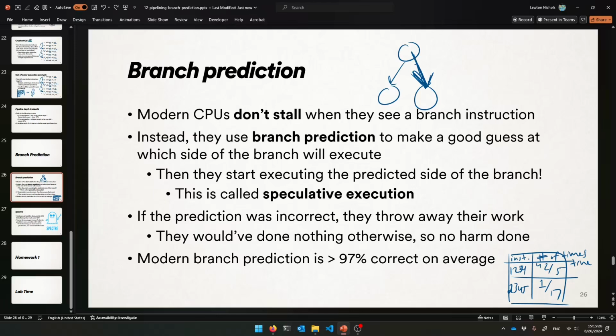If you think about it, in a loop, for int i equals 0, i is less than 10, i plus plus, you're taking the loop, this condition is always true, 10 times.